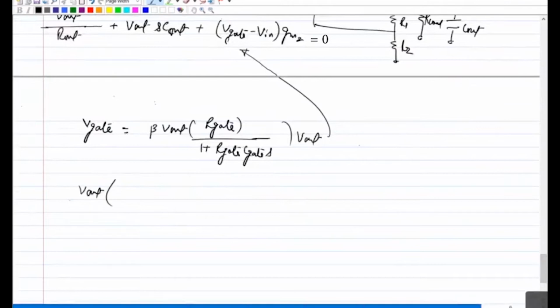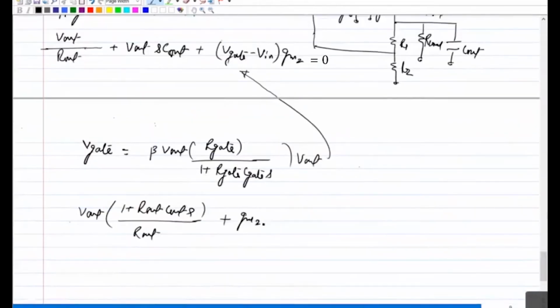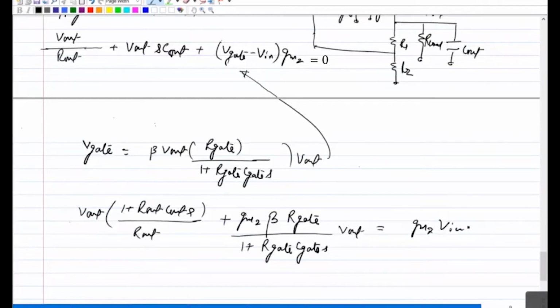V out we can take common: 1 plus R out C out S over R out, plus gm2 times beta times R gate divided by 1 plus S R gate C gate, times V out, equal to gm2 V in. In the V gate expression, don't we have a gm1 term?